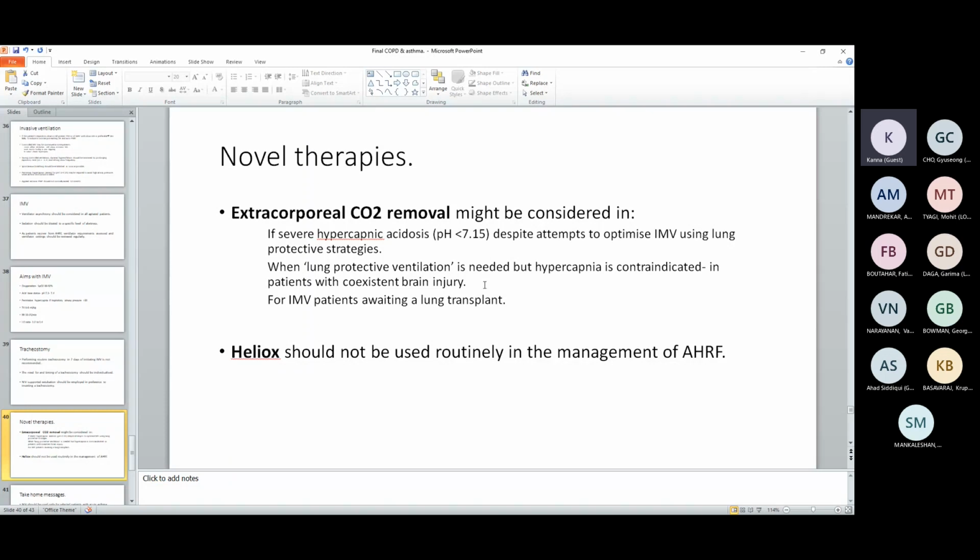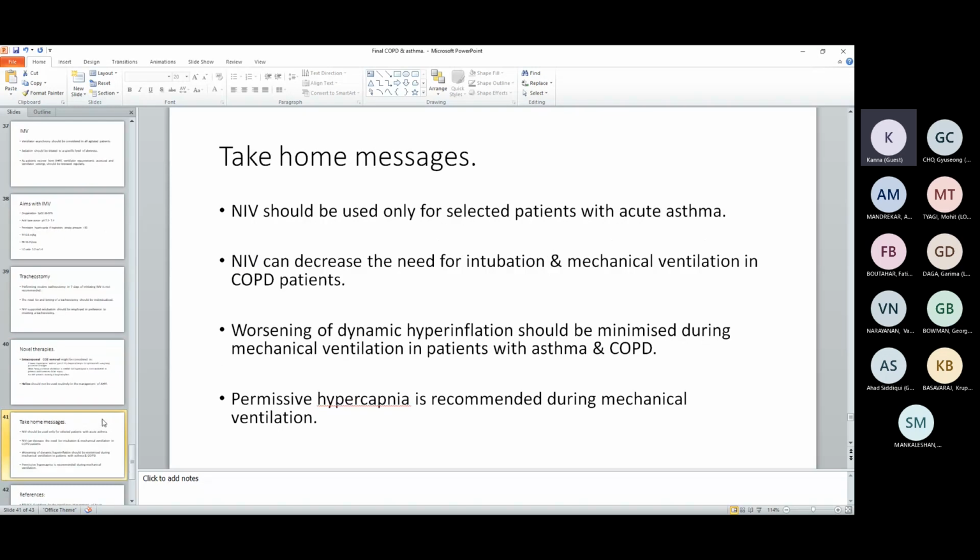For example, if the patient has COPD and a coexistent brain injury, in that situation extracorporeal CO2 removal may be useful. And in mechanically ventilated patients who are awaiting lung transplant, extracorporeal CO2 removal may be useful. And Heliox is not routinely used for COPD exacerbations.